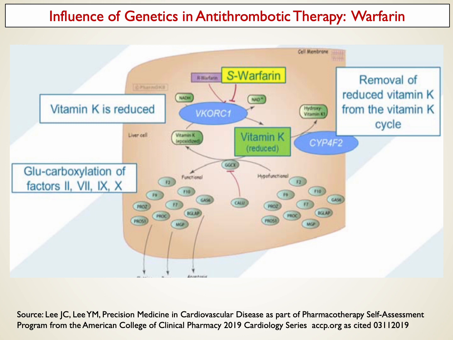The second genetic influence I'd like to refer to, and not spend too much time with this, is warfarin. And warfarin has a couple of points where genetic variation can influence it, and that's at the VKORC1 related gene function. And the second has to do with the metabolism in the cytochrome P450 enzyme systems.